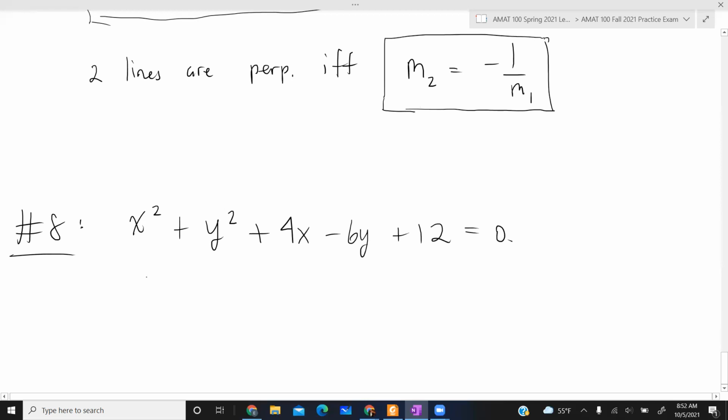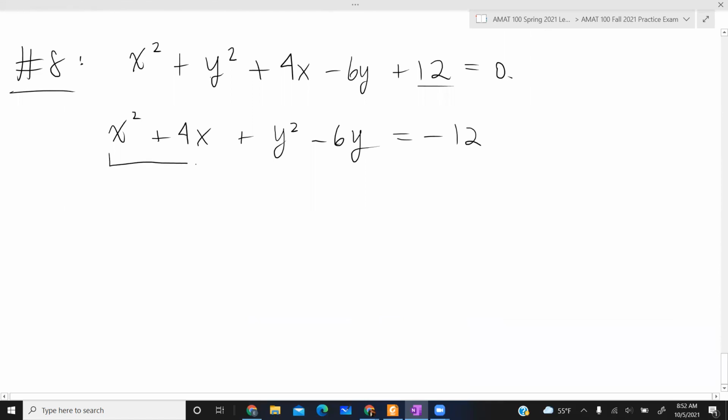To do that, I'm going to put the constant term on the right-hand side, and then group the x terms and the y terms together. So x squared plus 4x, and then y squared minus 6y, and that's going to be equal to -12.